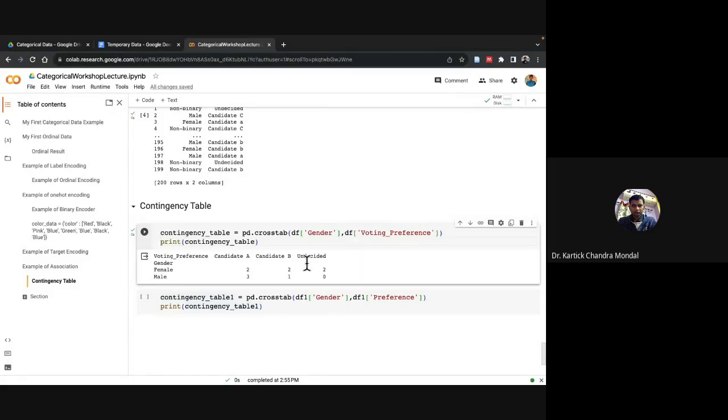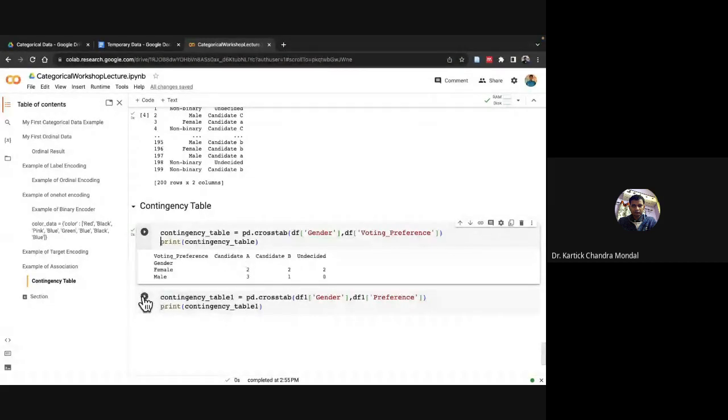And male voters prefer not to be undecided. They took the decision for the voting. Either they choose candidate A or candidate B. The male voters have not chosen undecided at all. Okay, so this is one example of this small data set.